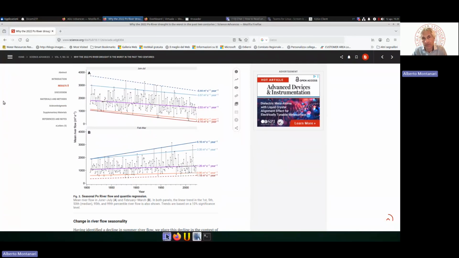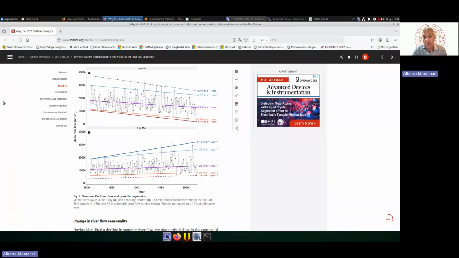And you see here a second figure, which should get our attention soon. Because this second figure, as you can read in the text when the figure is referenced, tries to provide an answer to the question why the trend in summer is more pronounced with respect to the trend in the whole spring. And here you see an estimation of trends. Let's forget about the technical details, but you see that there is a picture of the mean river flow in June, July, upper panel, and some estimates of trends.